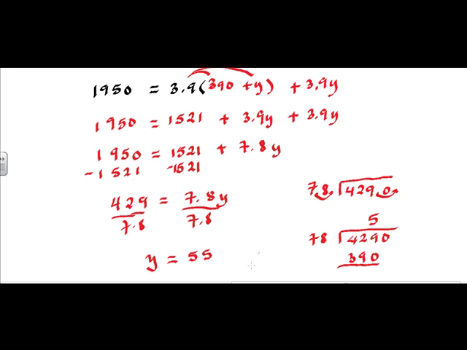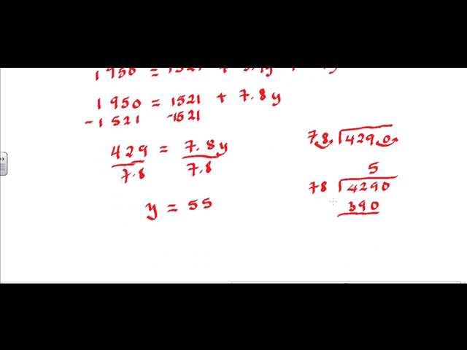And then you subtract. So I have 39 left, and bring this 0 down. I put 5 because I know right here the answer remains 0. So I got 55. That's how you do it by hand.